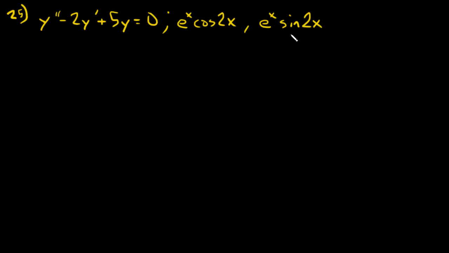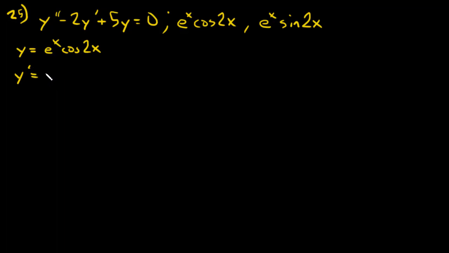So now for the fun part, we need to verify. That's going to be a lot of product rules. So here we go. We'll do the first one, so y is equal to e to the x cosine 2x. So y prime is just the first times the derivative of the second.